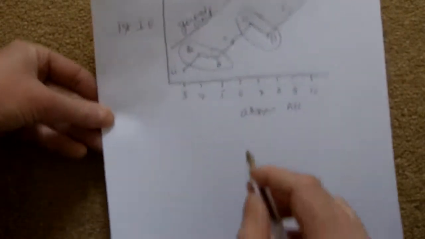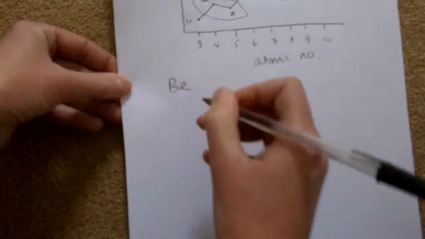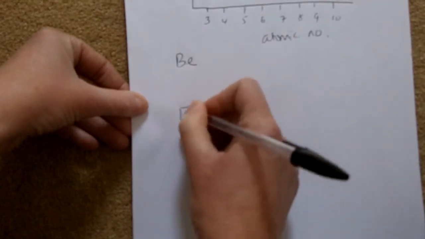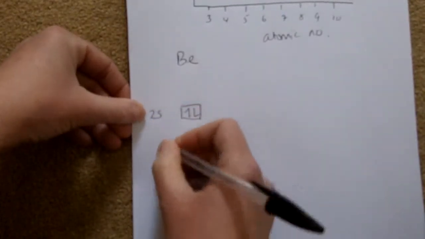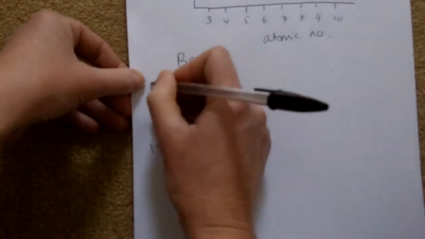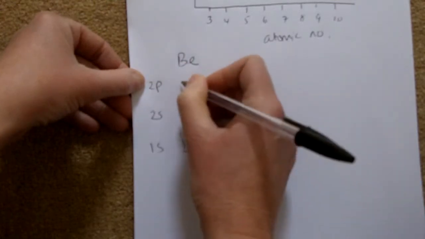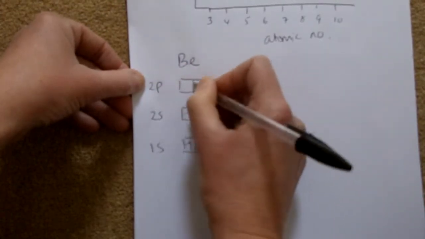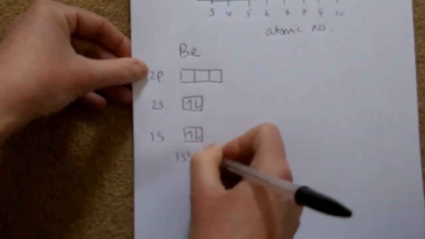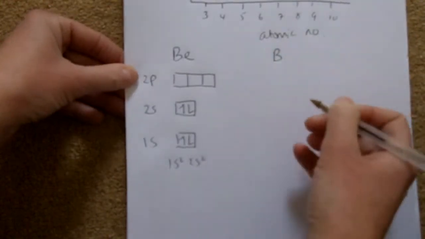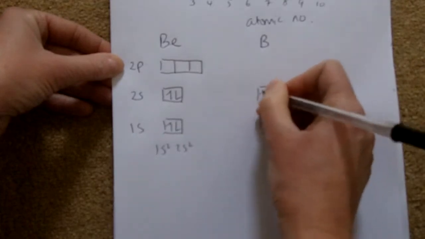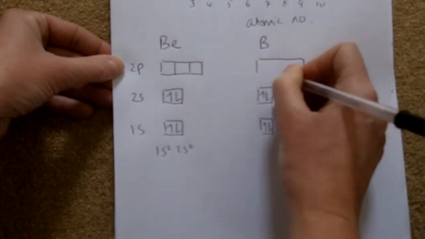If we look at beryllium and boron, beryllium is 1s2, 2s2. There aren't any p electrons, just 1s2, 2s2. Whereas boron, the very next element, is again 1s2, 2s2, but boron is 2p1.